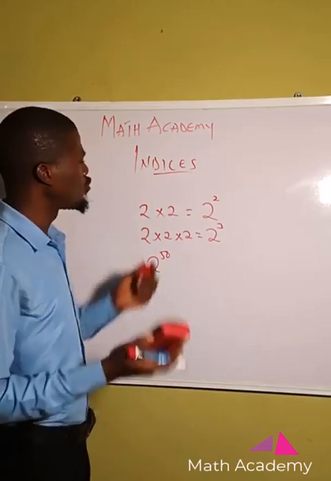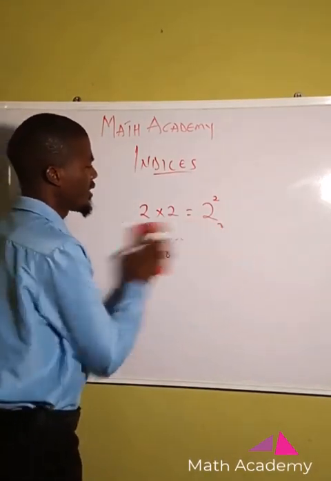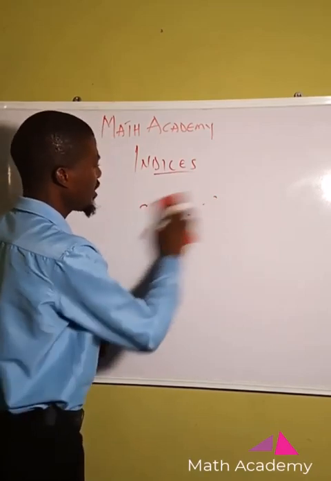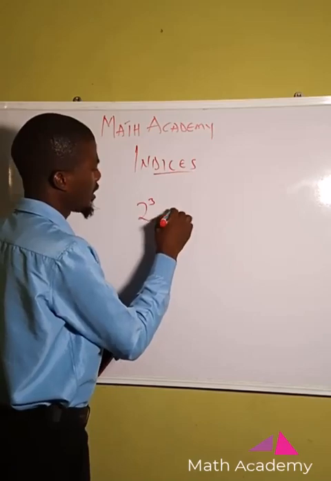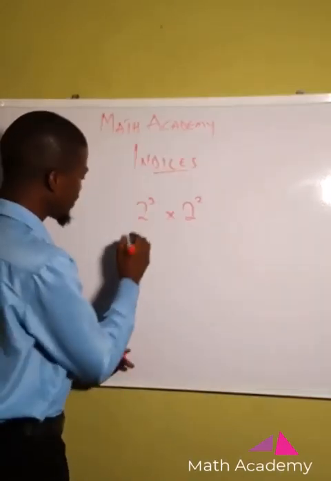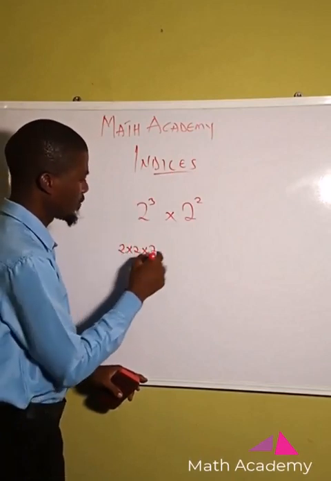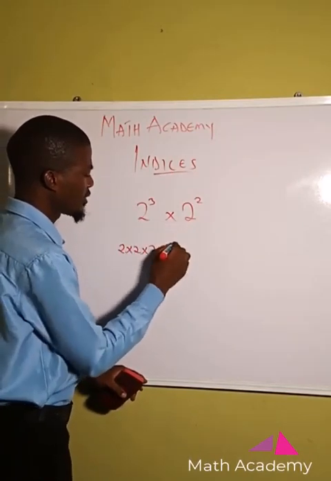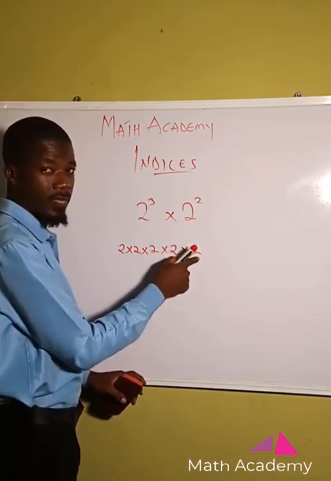Now, there are some rules guiding these indices, because there are times where they give you something like 2 raised to power 3 times 2 raised to power 2. This means 2 times 2 times 2, that is 3 places, then 2 in 2 places again, so 5 places altogether.